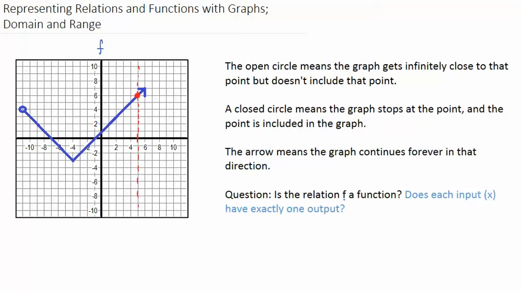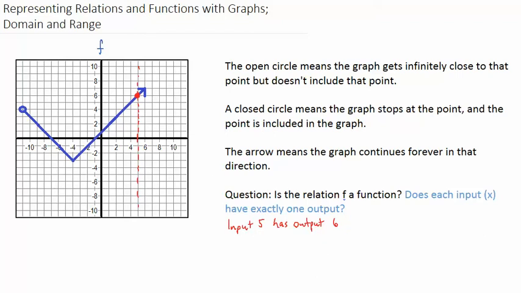So the input of 5 has an output of 6. So I can write that over here. Input 5 has output 6. Okay, so the input of 5 has one output.